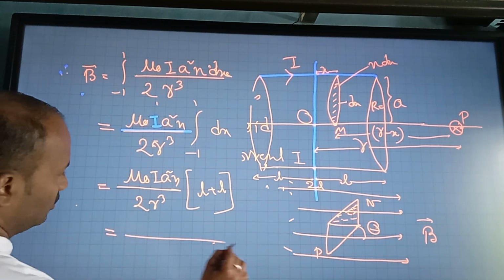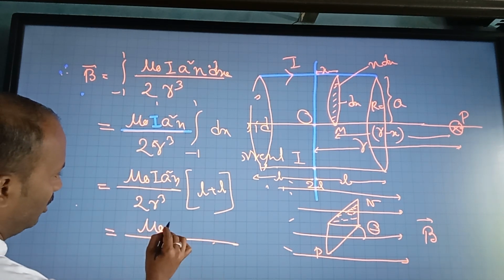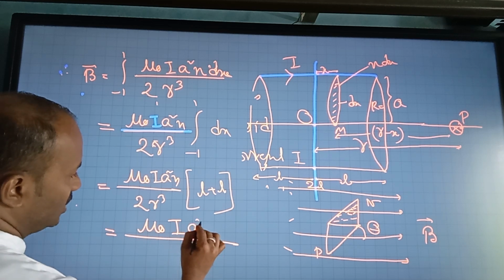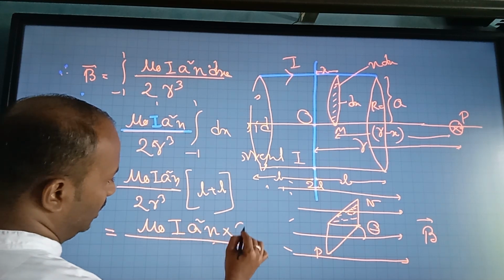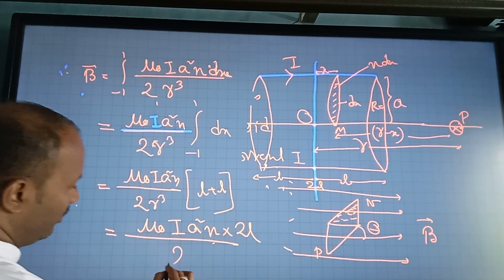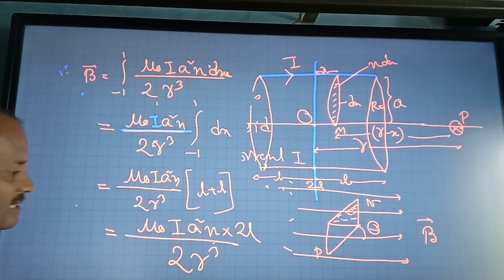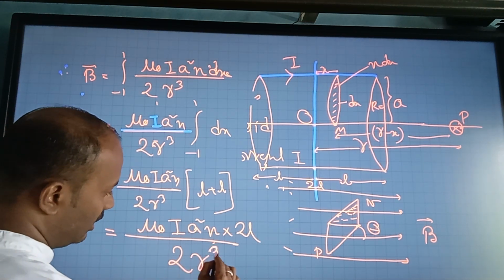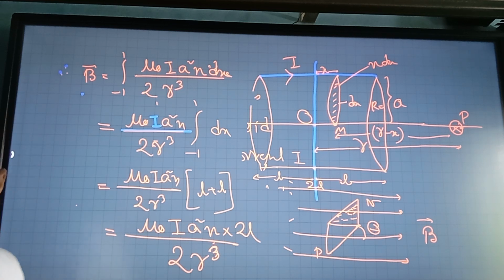So we get mu naught I A square N into twice L by twice R cube. We get the magnetic field.